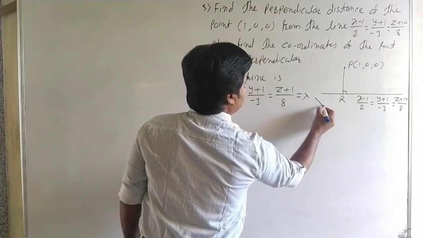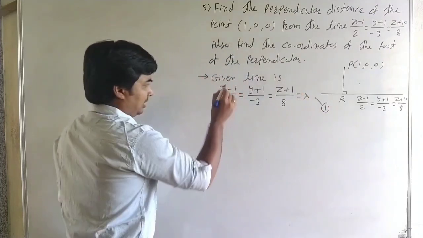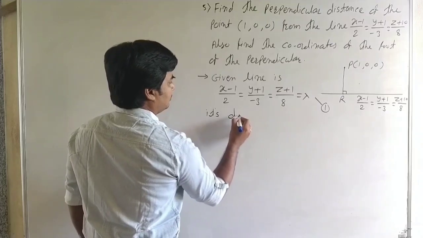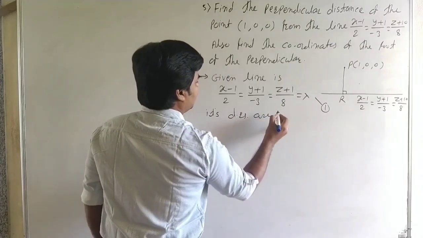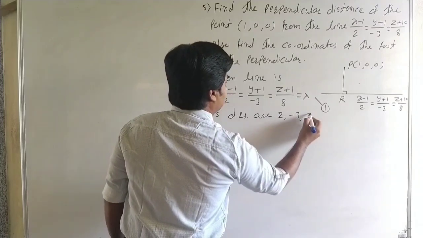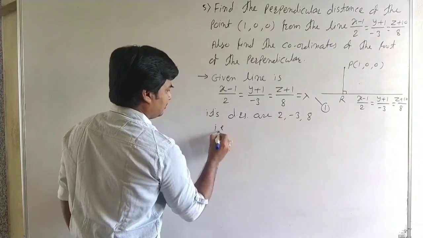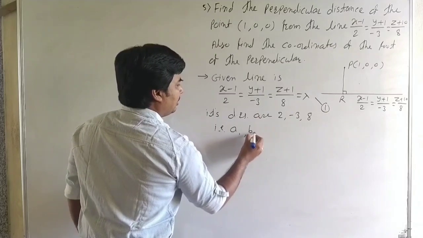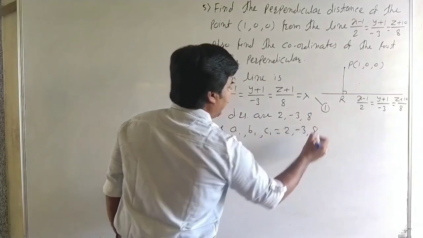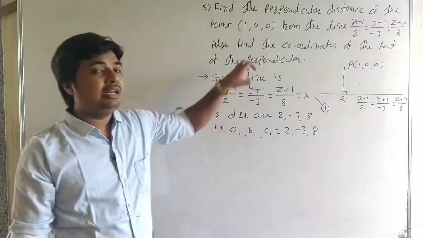It is equation number 1. Then the direction ratios A1, B1 and C1 are 2, minus 3 and 8 for line 1.